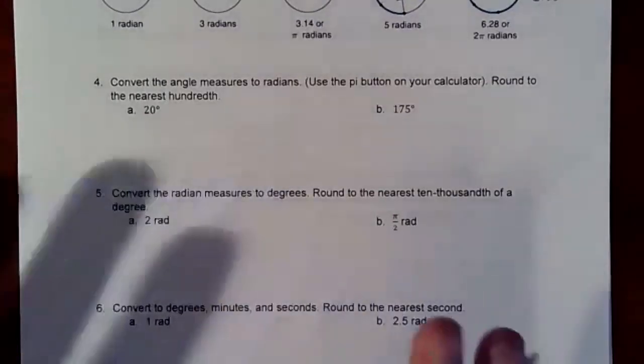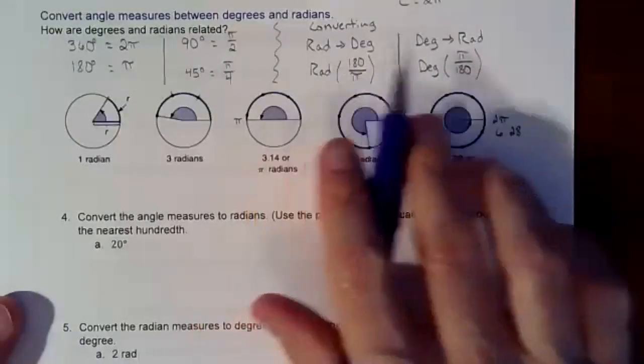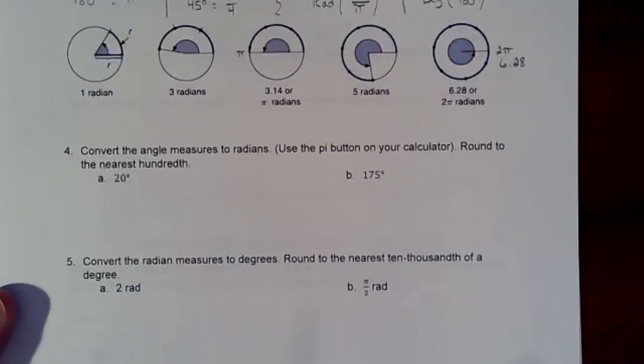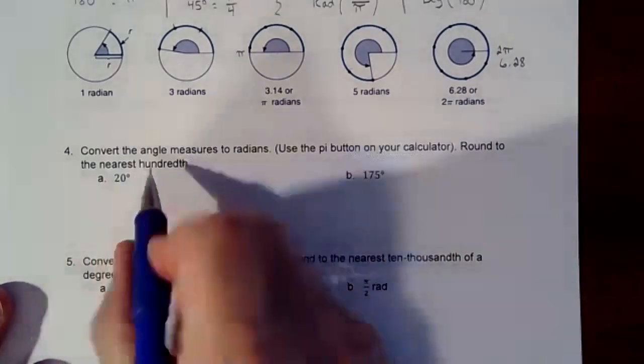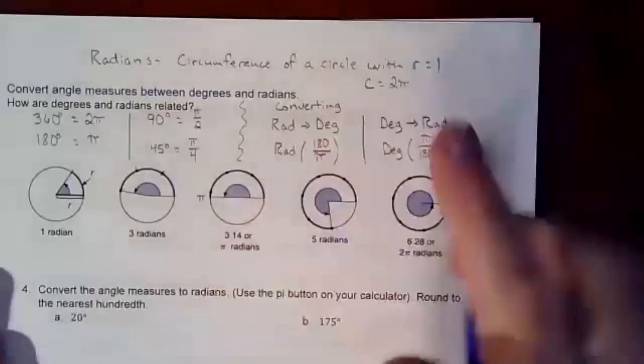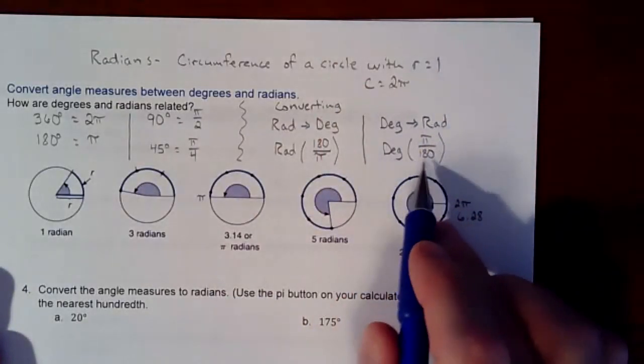All right, so let's do some conversions. We're going to need to notice what direction we've got going on, and then we'll answer these questions. So we're going to take the degree and convert it into radians. So we're going degrees to radians, which means we multiply by pi and divide by 180.